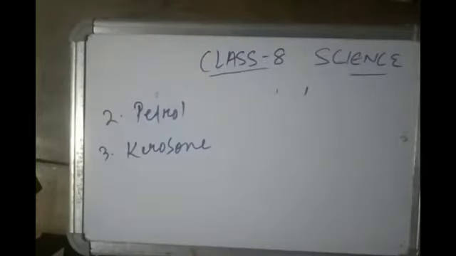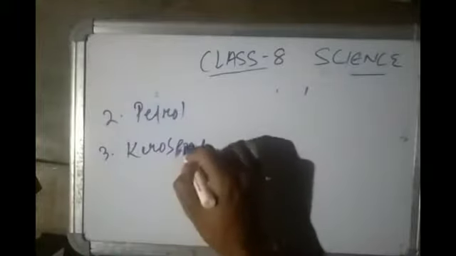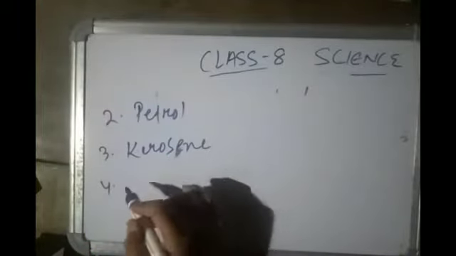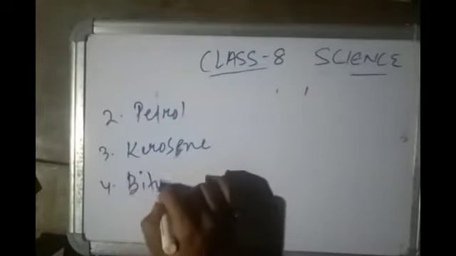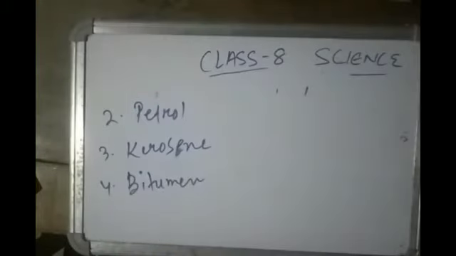Then diesel is also given. Bitumen is used in paints and road surfacing. So these are the constituents, or useful products, of petroleum. After refining we get all these useful products, and the uses you will find in the same table.